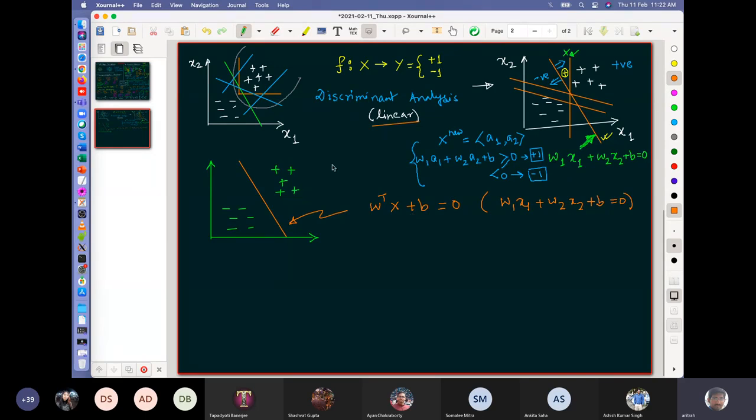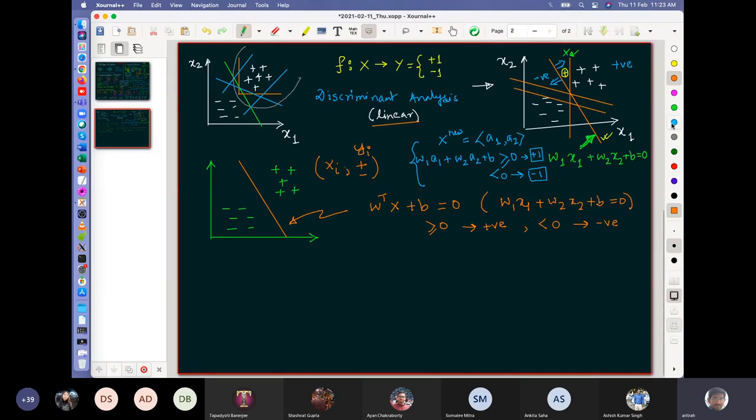And any point, let's say I take a point xi, it is labeled positive or negative. If this value is more than or equal to 0, that point will be positive, and if this value is less than 0, that point will be negative. That we understood. Now this is the label of that point, yi.